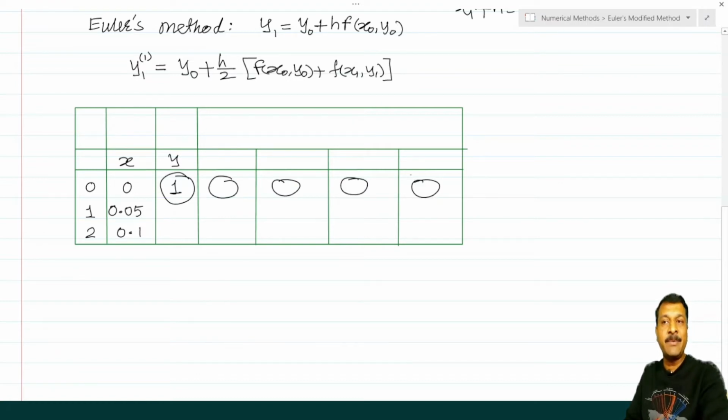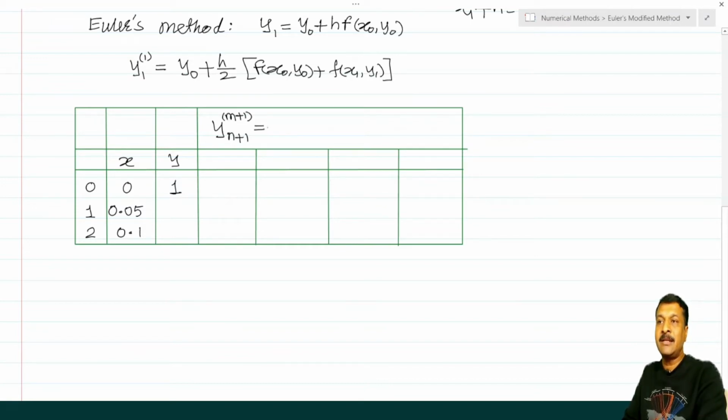When I get a repeated value, the same value, then it is supposed to be the last or confirmation value. So here the improved value is supposed to be n plus 1. Maybe n equals 0, so I will get y1, just like here. Position is n plus 1. That is equal to the last value yn plus the average value, h by 2 of the last value f of xn yn plus f of the next value f of xn plus 1 and yn plus 1.